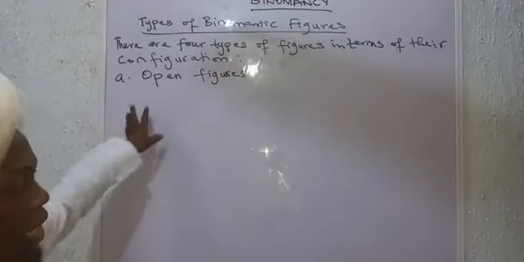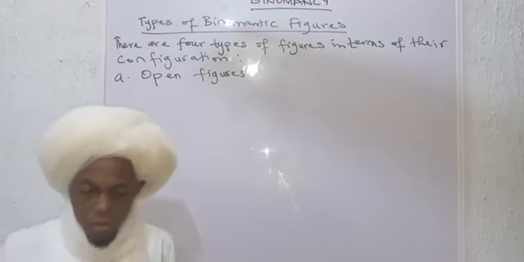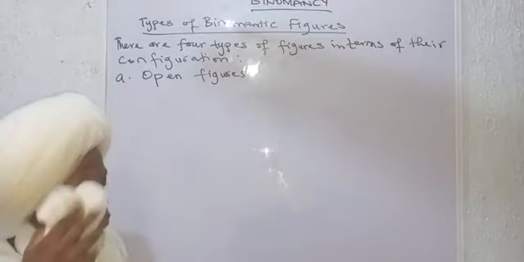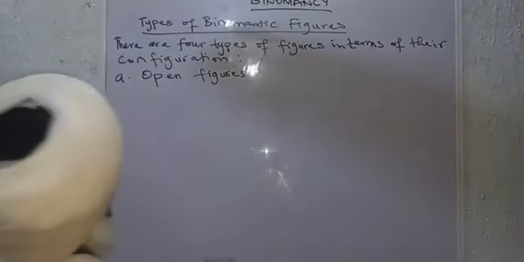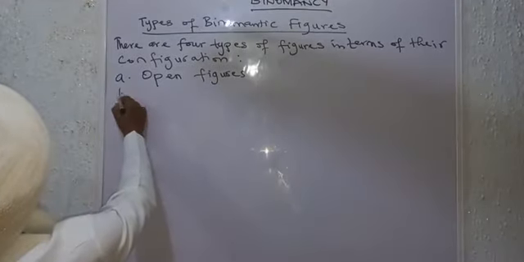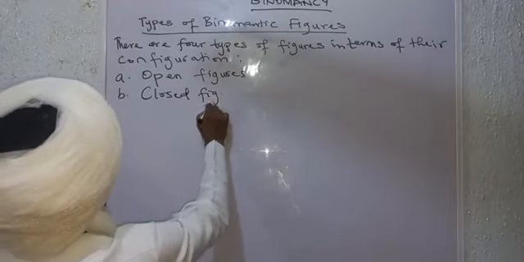This is what the Arabs call al-kharij. So we call it open figure. Secondly, we have closed figures.